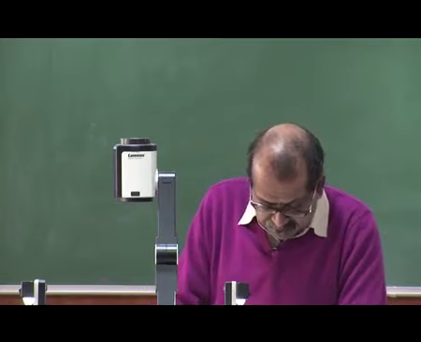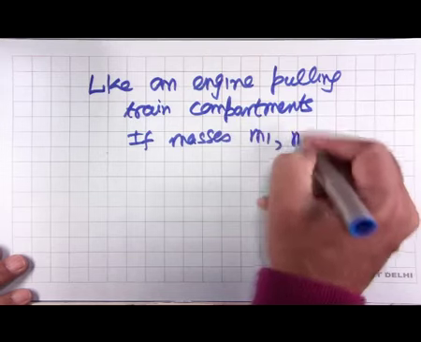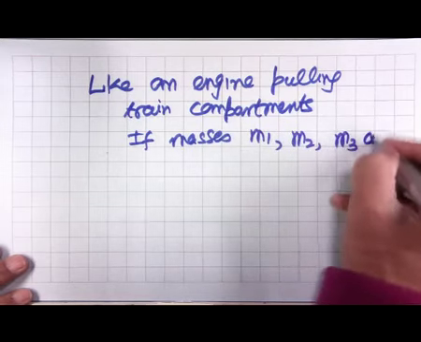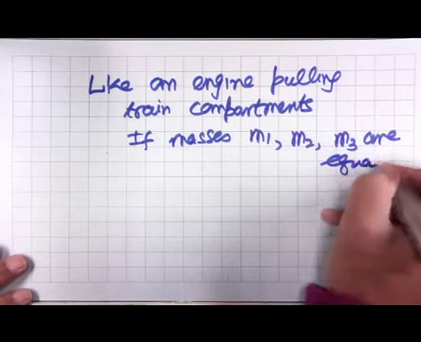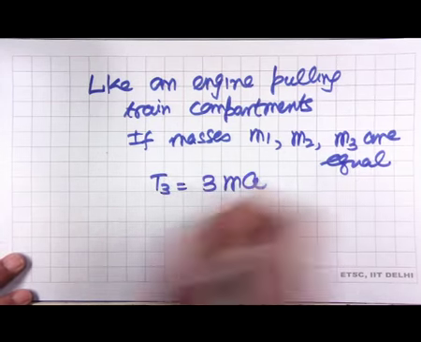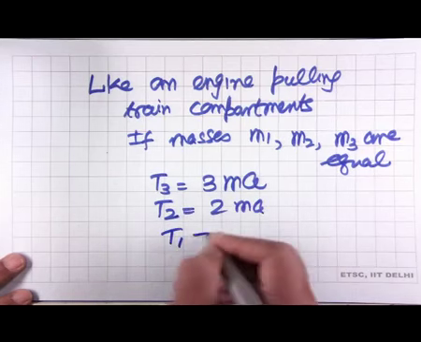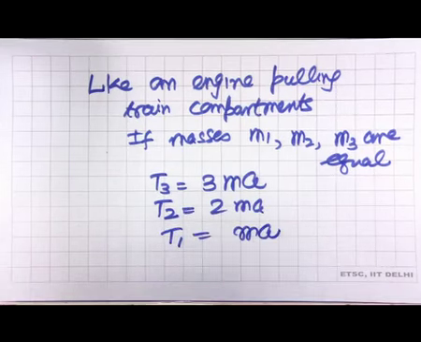And what we will realize is, if masses m1, m2 and m3 are equal, then you will be able to show T3 will be equal to 3 times ma, T2 will be equal to 2 times ma, and T1 will be equal to m times a. So, this is how one can work out the force between compartments in a train.